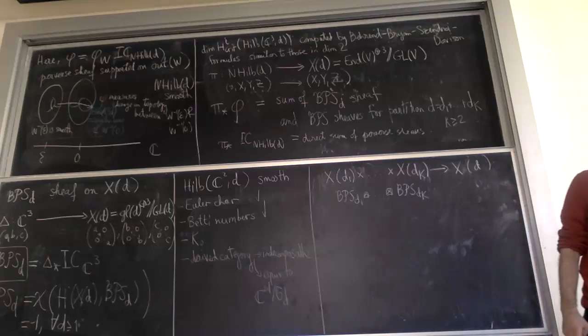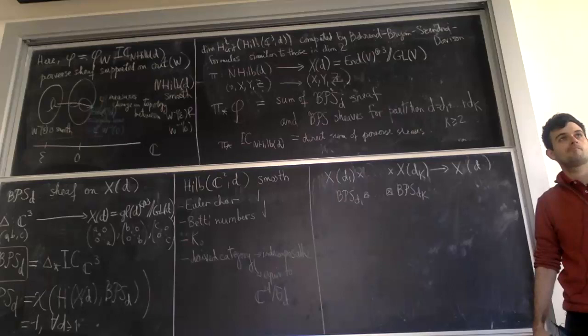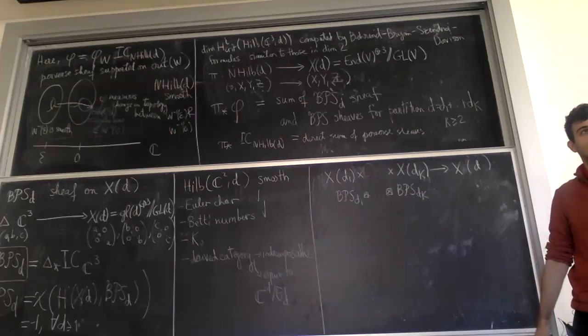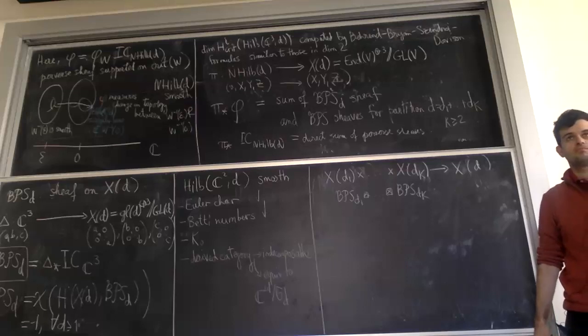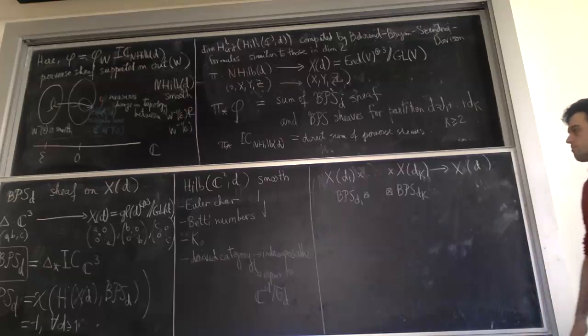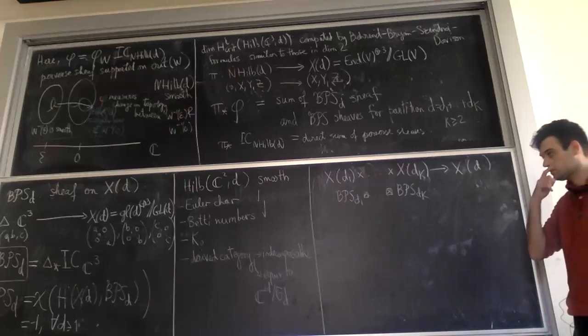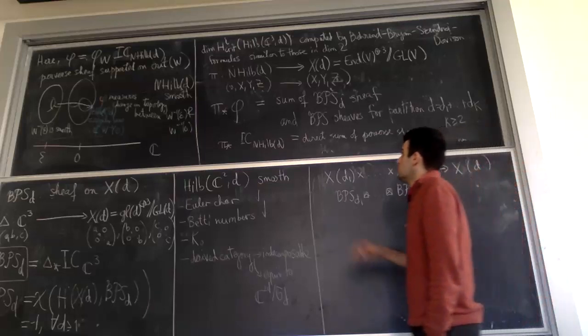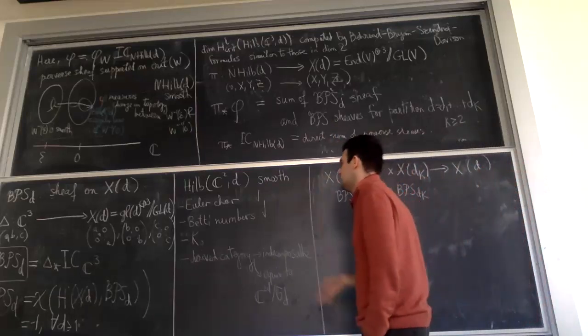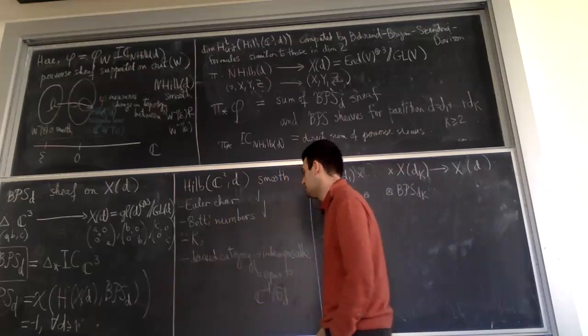All of that is motivic. You can add the cycle. Yeah, so this formula here, making it explicit, computes its Betti numbers.